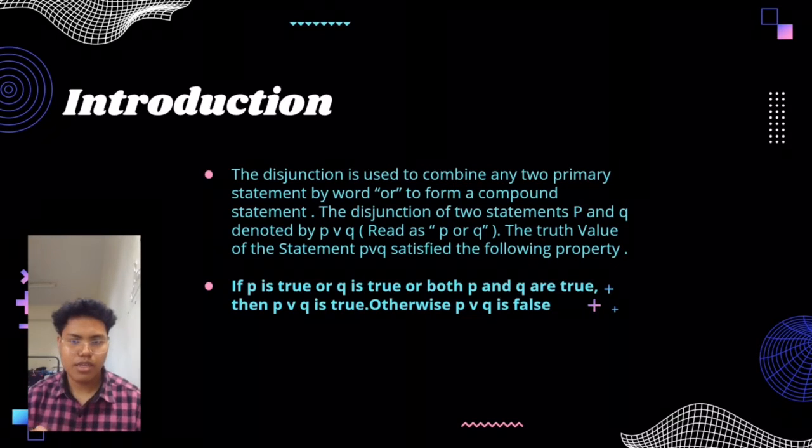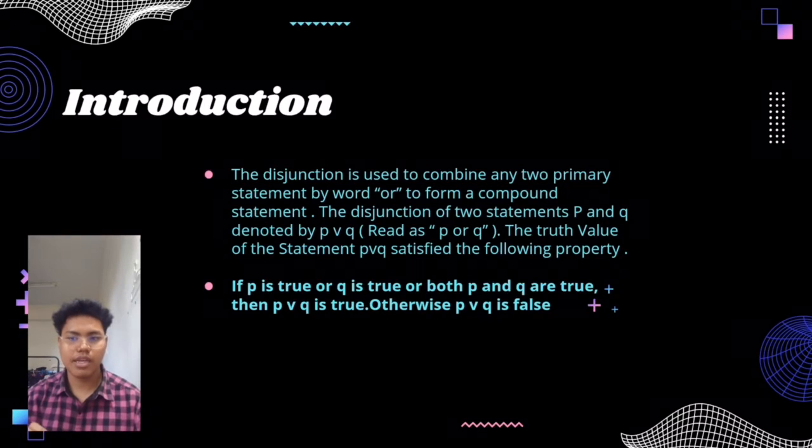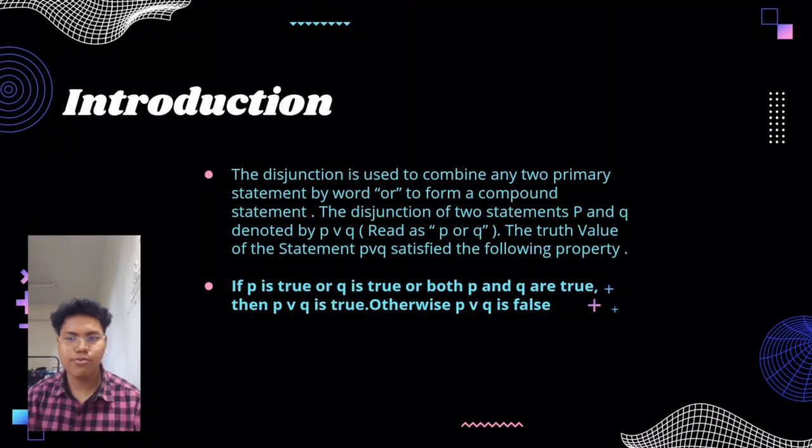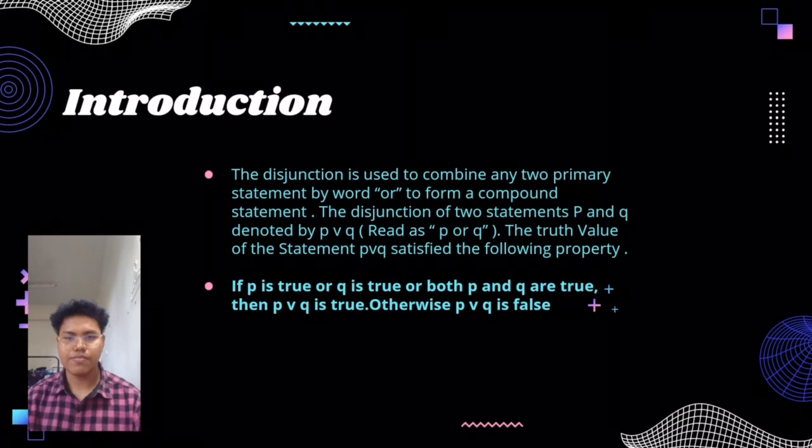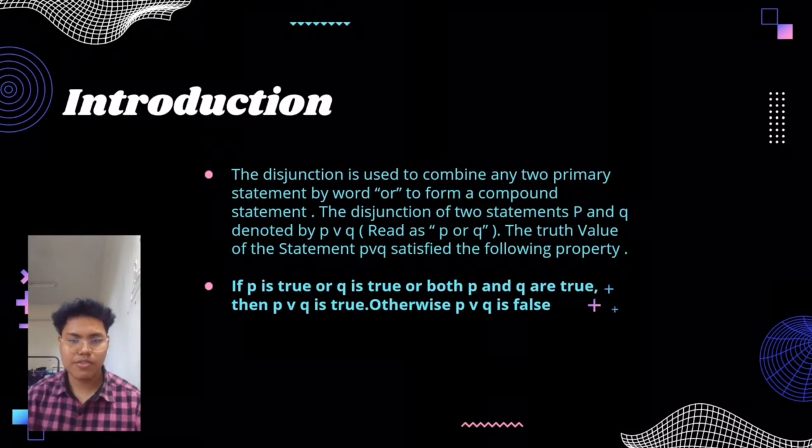If P is true, or Q is true, or both P and Q are true, then P or Q is true. Otherwise, P or Q is false. The otherwise is when P and Q are both false, then the statement is false.